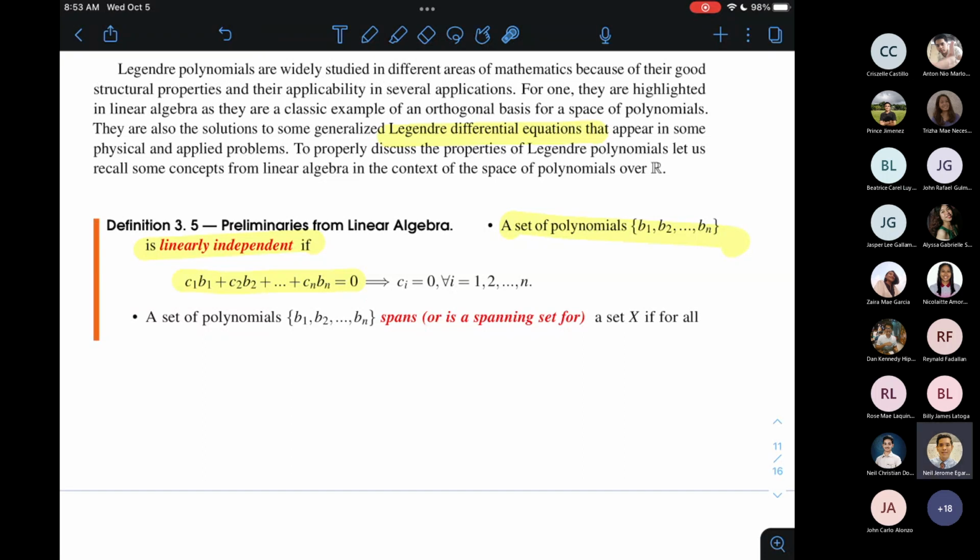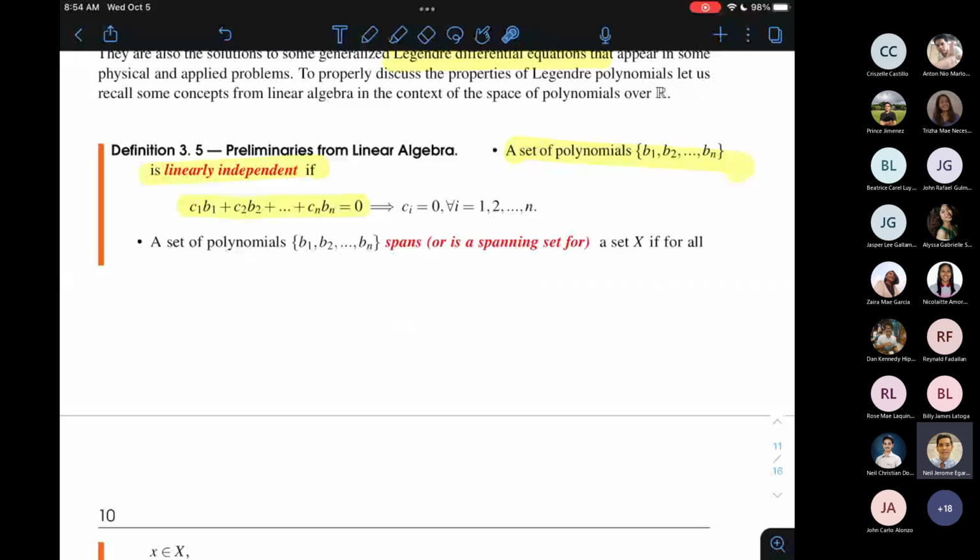Kung wala kang non-trivial solution, meaning wala kang solution na at least isa sa mga c sub i's ay non-zero, then we say that our set is linearly independent. Okay? So, kailangan para ma-check yung linear independence, kung matatandaan nyo sa 120, isosolve nyo itong equation na to, look for the c sub i's, and if there's only one solution, which is basically the c sub i's all being equal to 0, then your set is linearly independent.